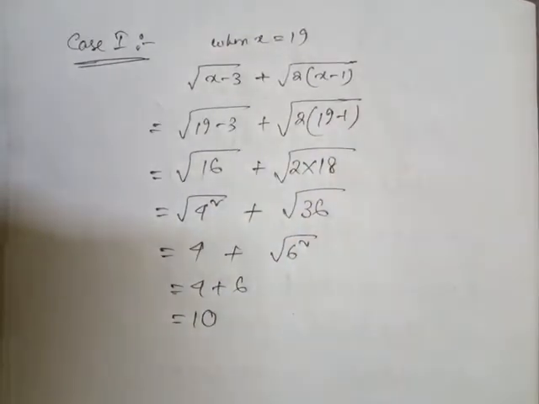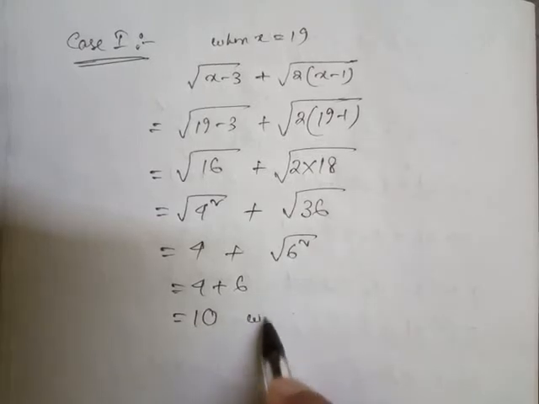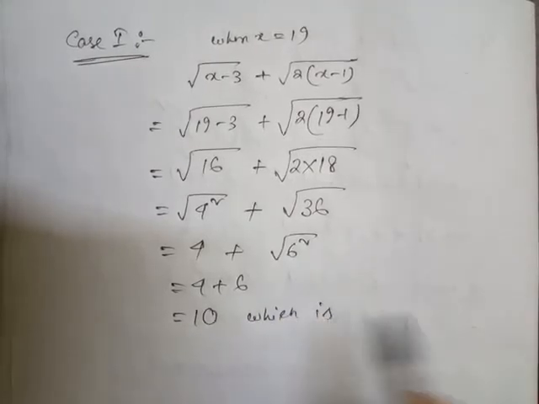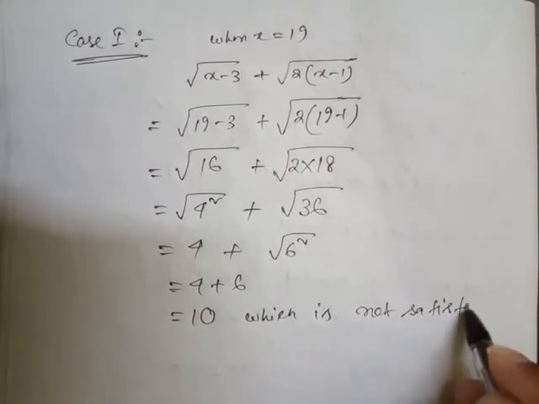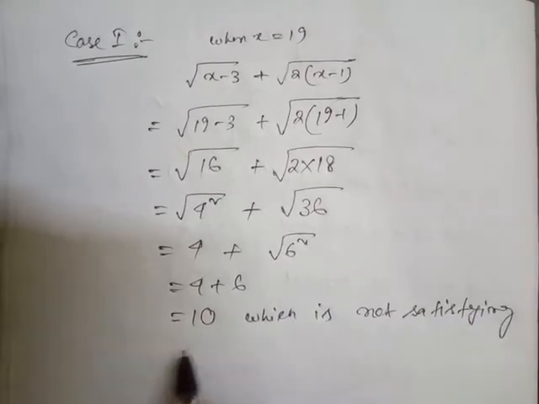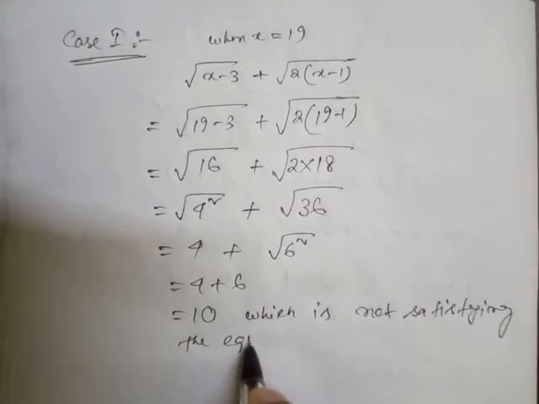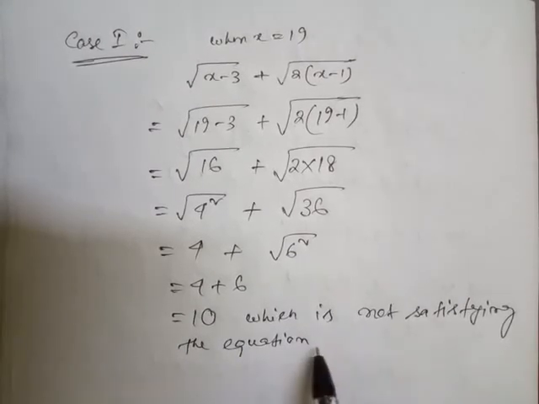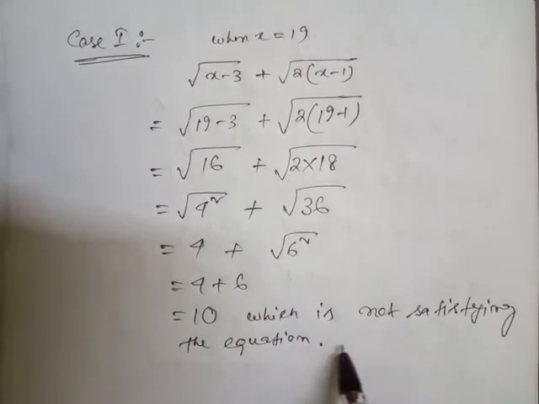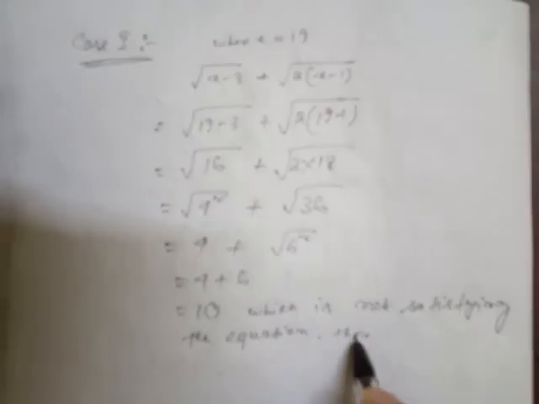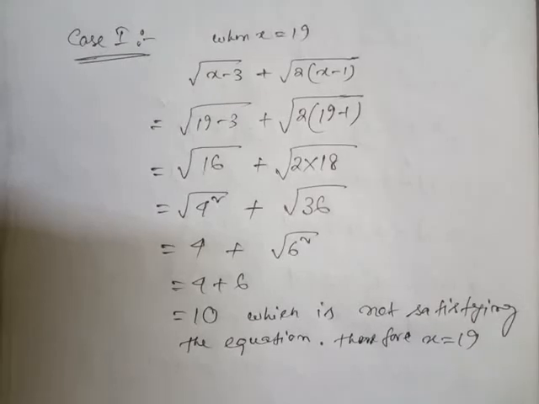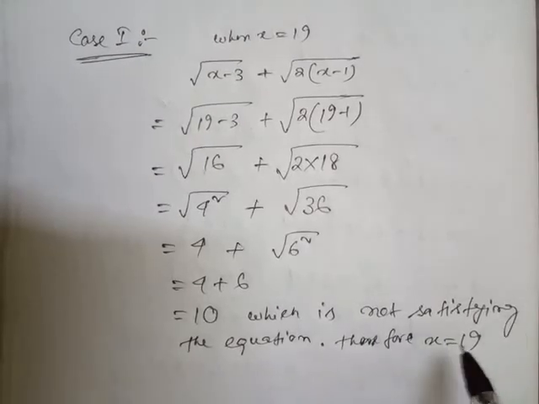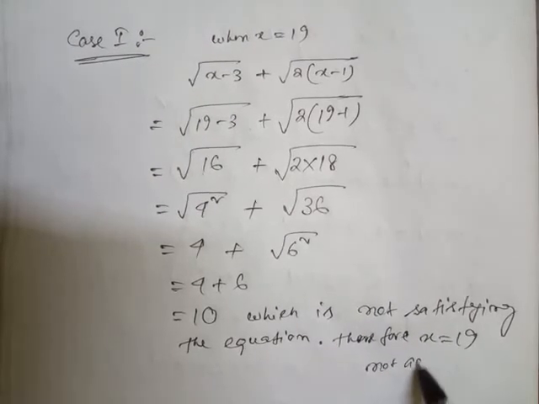So we'll write here: which is not satisfying the equation. Therefore x equal to 19 is not acceptable.